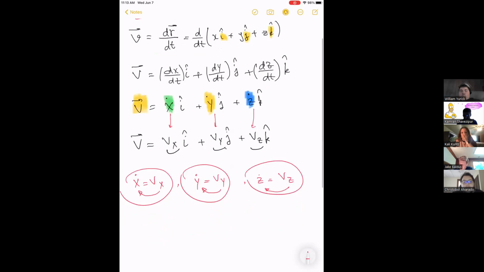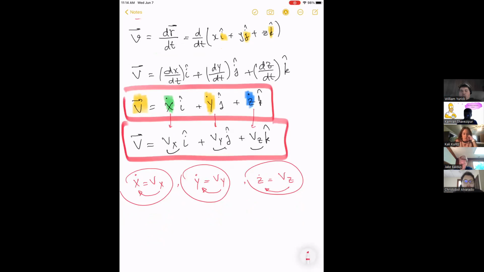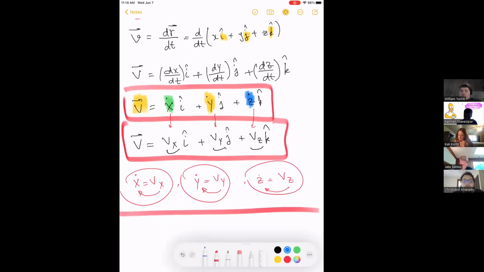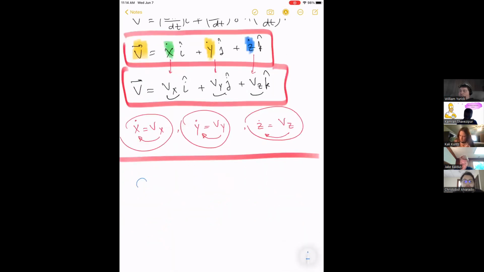Now, this is how you get your velocity. You can use one of these two equations, either this one or this one, which are the same technically, right? Now, the next step is going to be acceleration. To find acceleration, a is dv/dt, right? The time derivative of the velocity vector.